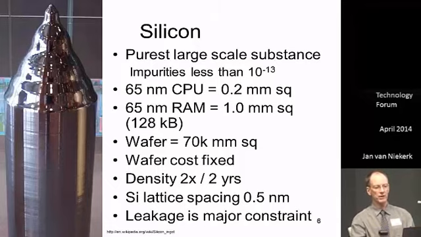When you buy a 32-bit microcontroller with 65 nanometer, 128 kilobytes of RAM, you're essentially buying about 1.2 square millimeters of silicon. Now to give you an idea, since that wafer is fixed cost, we know that a square millimeter of silicon is fixed cost, and the fixed cost for that silicon is roughly between 1 and 2 pennies per square millimeter.